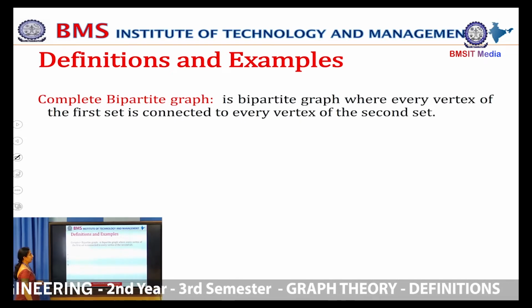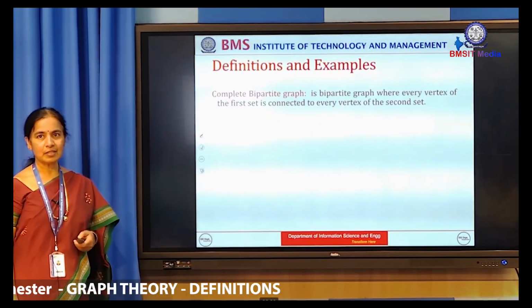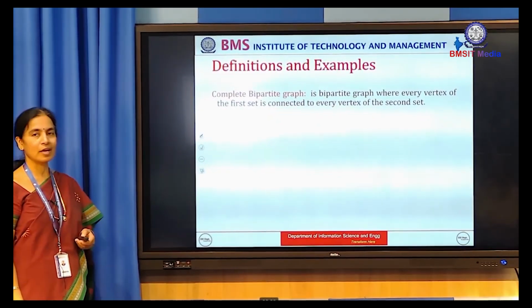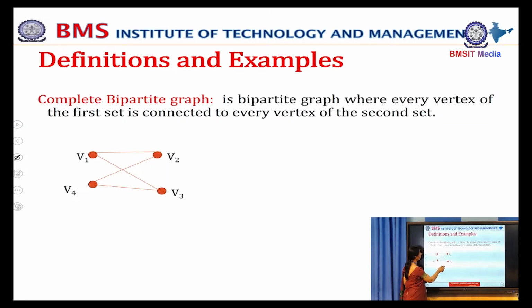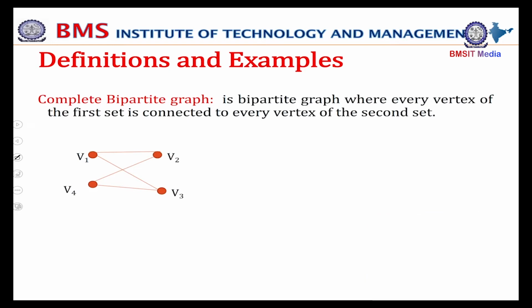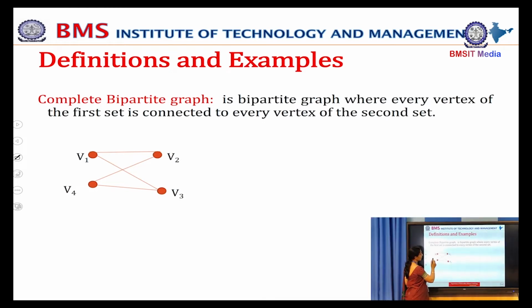Now, the complete bipartite graph. A complete bipartite graph is a graph where every vertex of the first set is connected to every vertex of the second set. We have seen a complete graph, where all the vertices are connected to all other vertices. Here is an example of a complete bipartite graph where we have two sets of vertices: V1 and V4 is one set, V2 and V3 is another set.